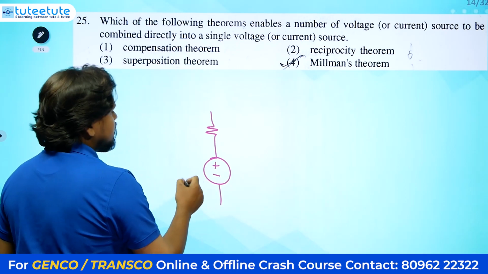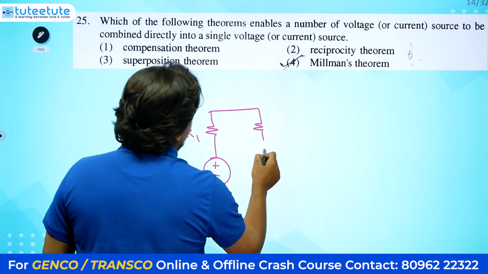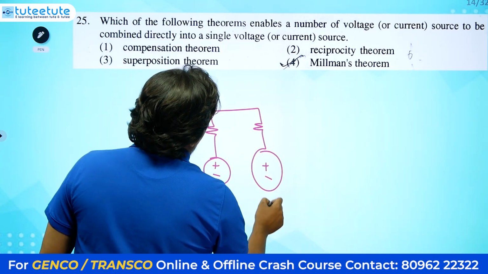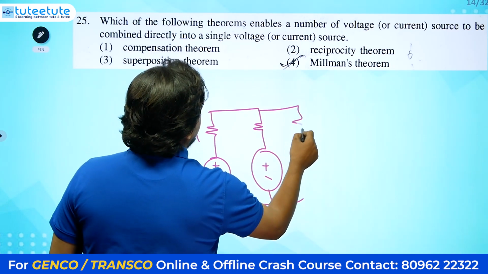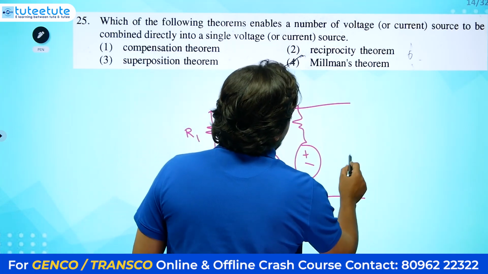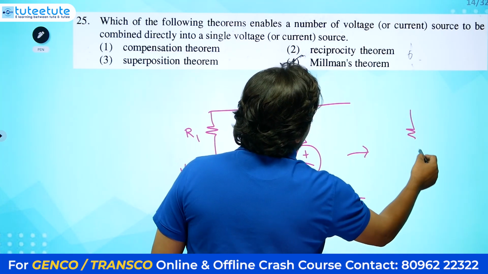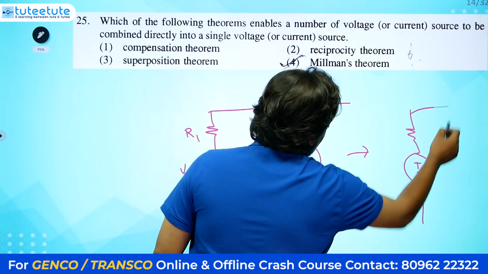Generally, a voltage source means any voltage in series with resistance. Like that, many voltage sources in series with their internal resistances connected in parallel, we can make as a single voltage source in series with resistance. Like this we can represent.